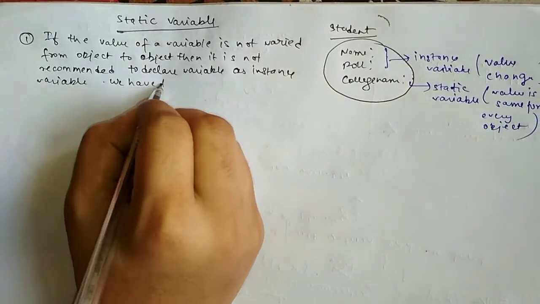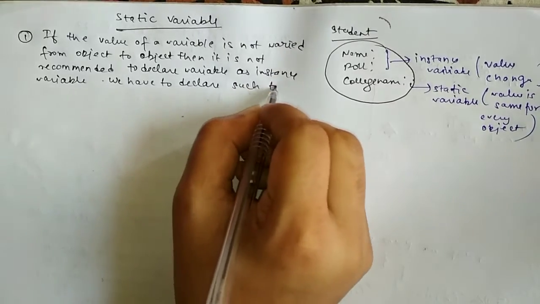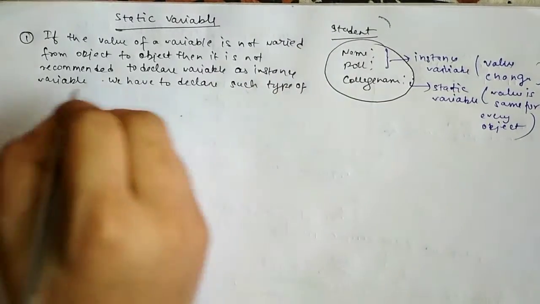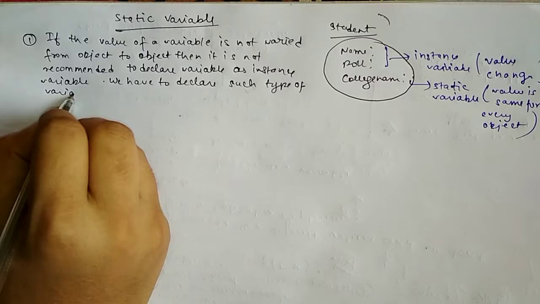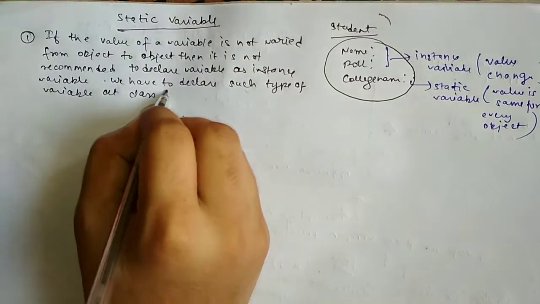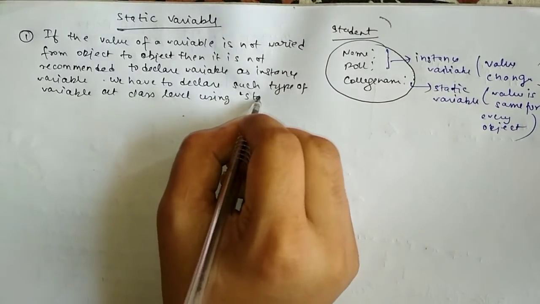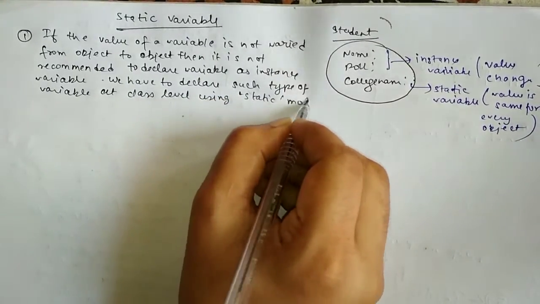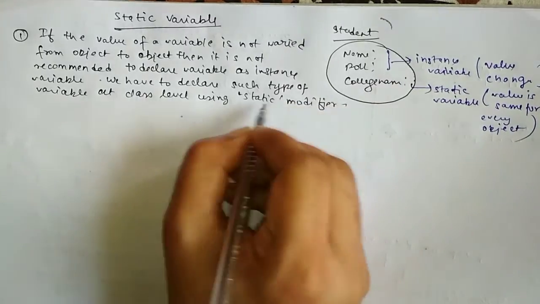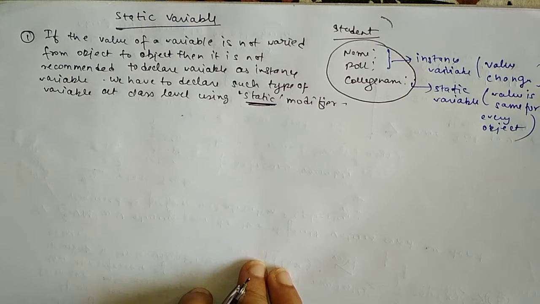We have to declare such type of variable at class level using the static modifier. So now we know when to create a static variable.